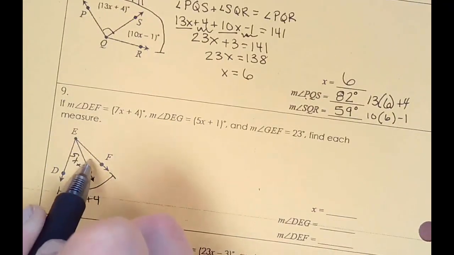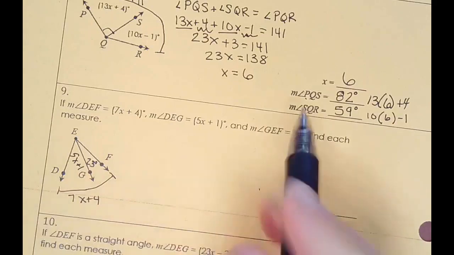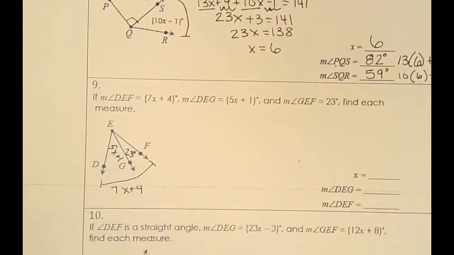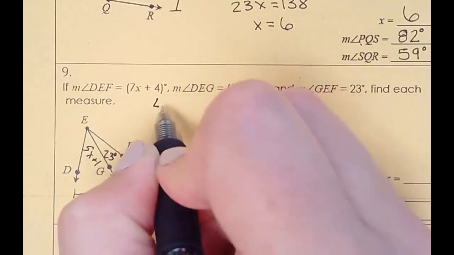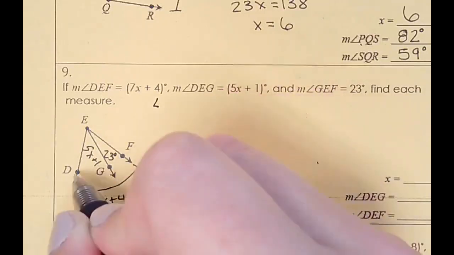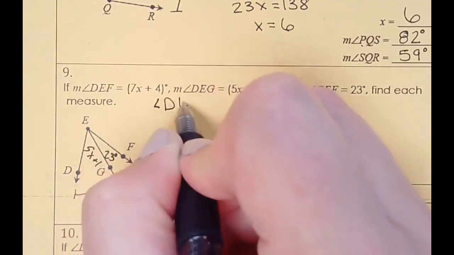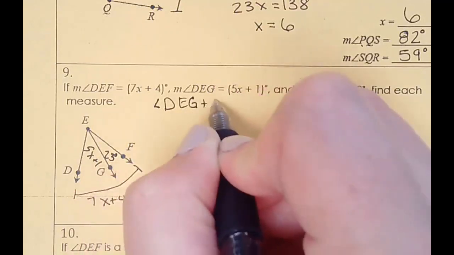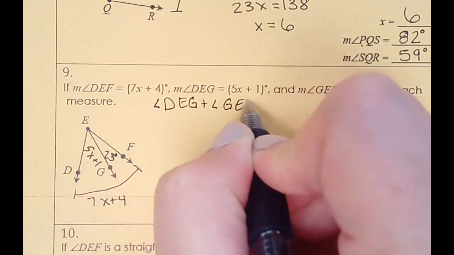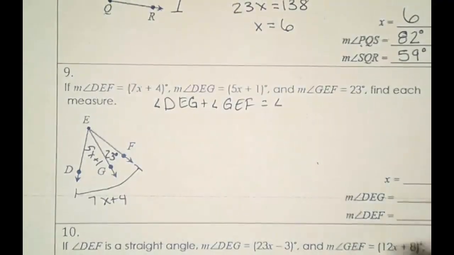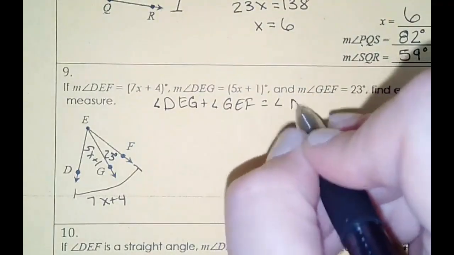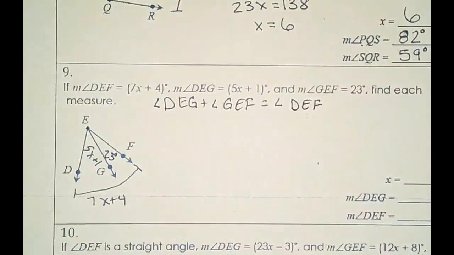So we have angle DEG plus angle GEF is equal to angle DEF. Plugging in, 5x plus 1 plus 23 equals 7x plus 4.